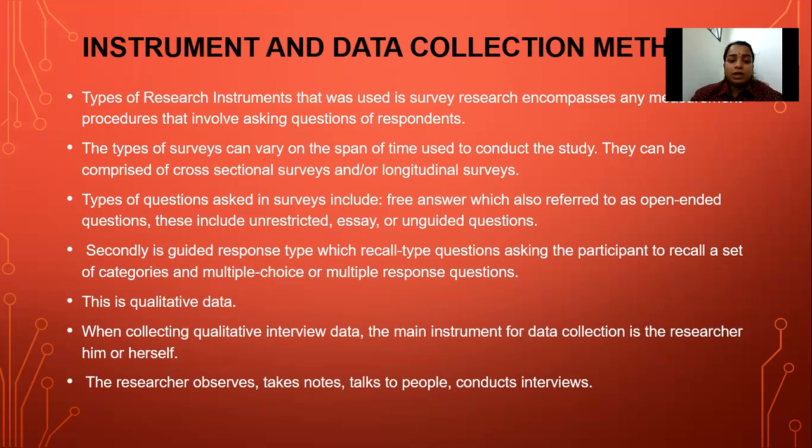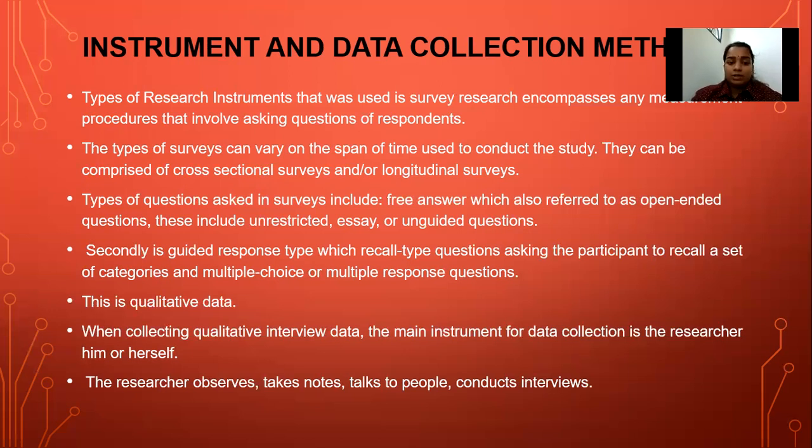Types of questions asked in the survey include free answer, also referred to as open-ended questions. This includes unrestricted essay or unguided questions. Secondly is the guided response type, which includes recall type questions asking the participant to recall a set of categories, and multiple choice or multiple response questions.